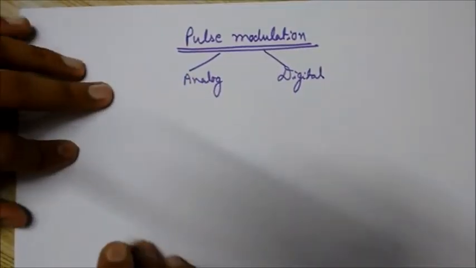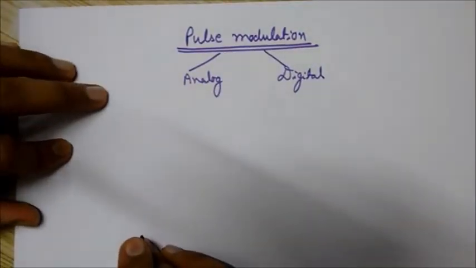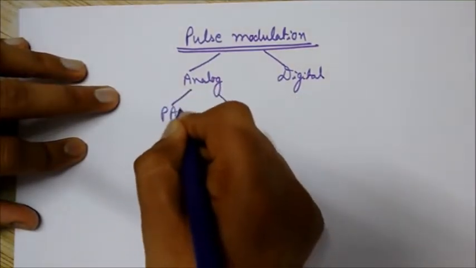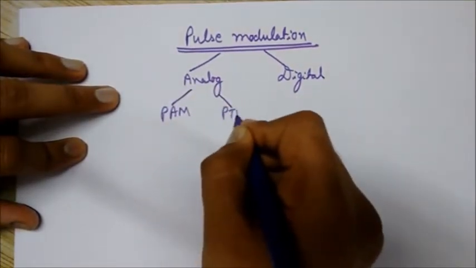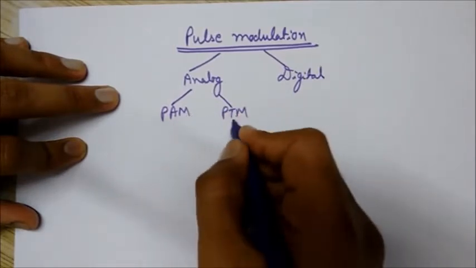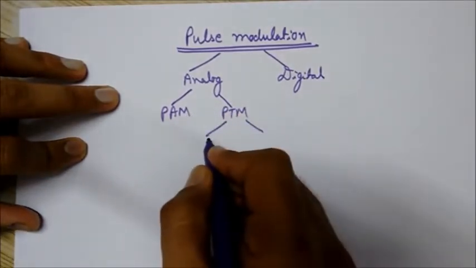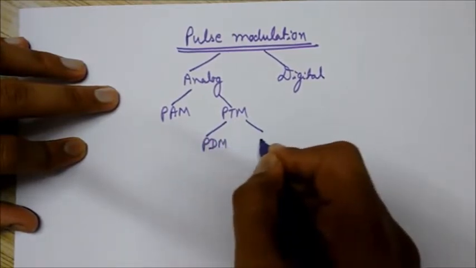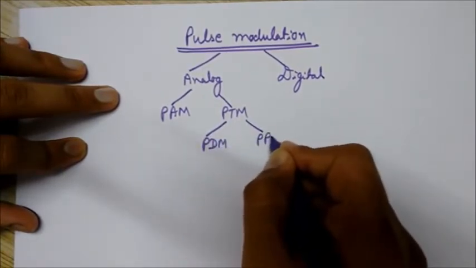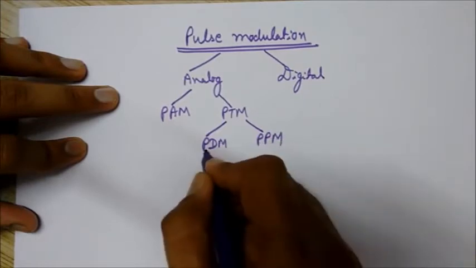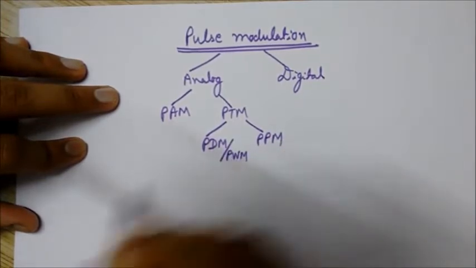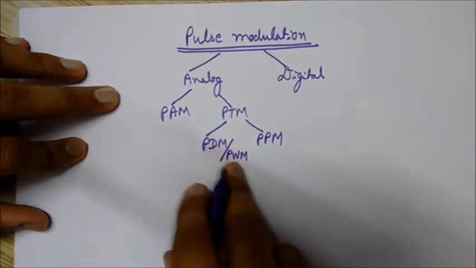Analog can be of two types, pulse amplitude modulation and pulse time modulation. This pulse time modulation is again of two types, PWM and PPM, pulse position modulation and pulse duration modulation. It is also called pulse width modulation, PWM. These are the same thing.